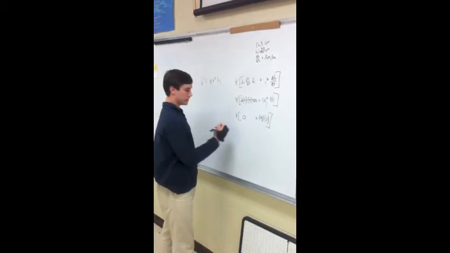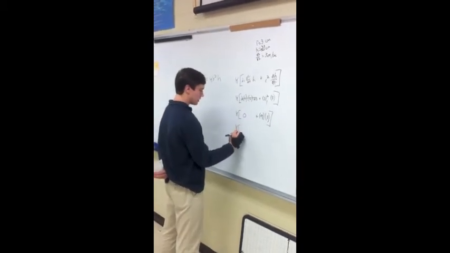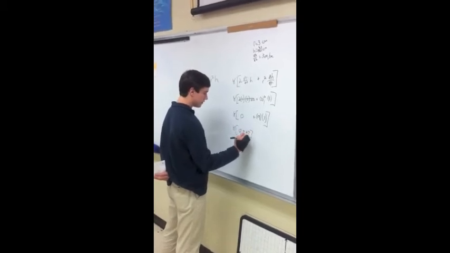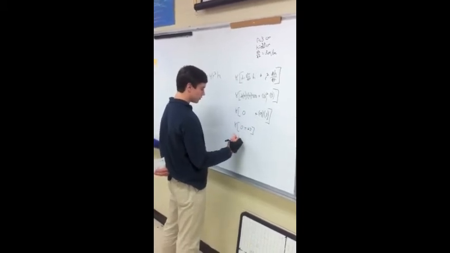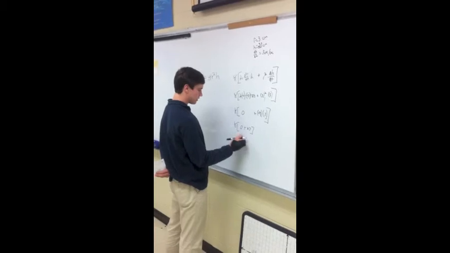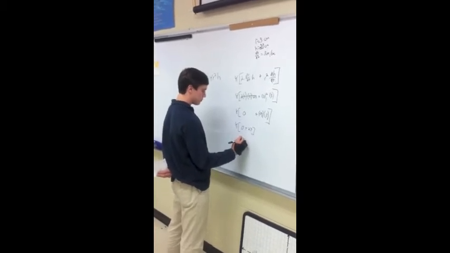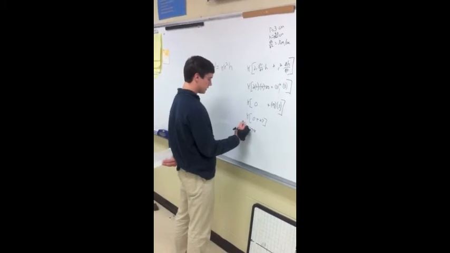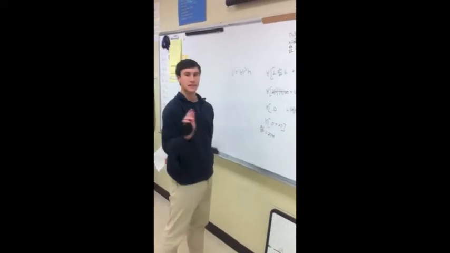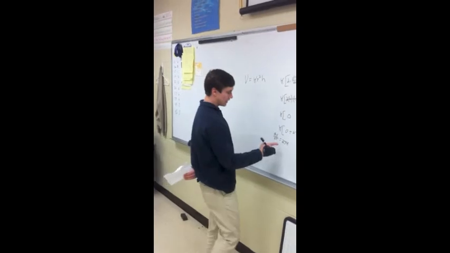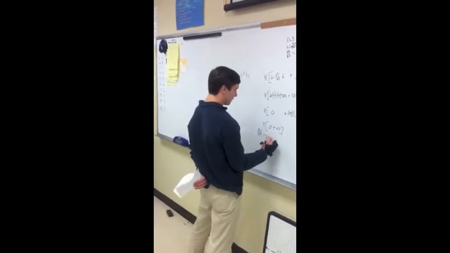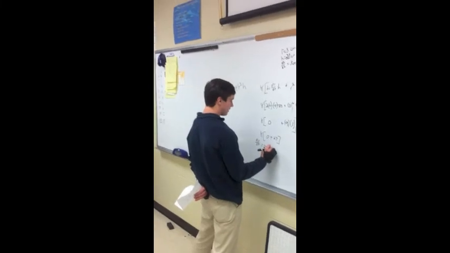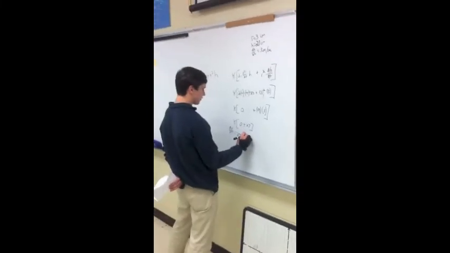So we're left with pi times 0 plus 27, and so we're left with 27 pi equals dV/dt. So at this rate, we see that our water bottle is being filled up at 27 pi centimeters cubed per second.